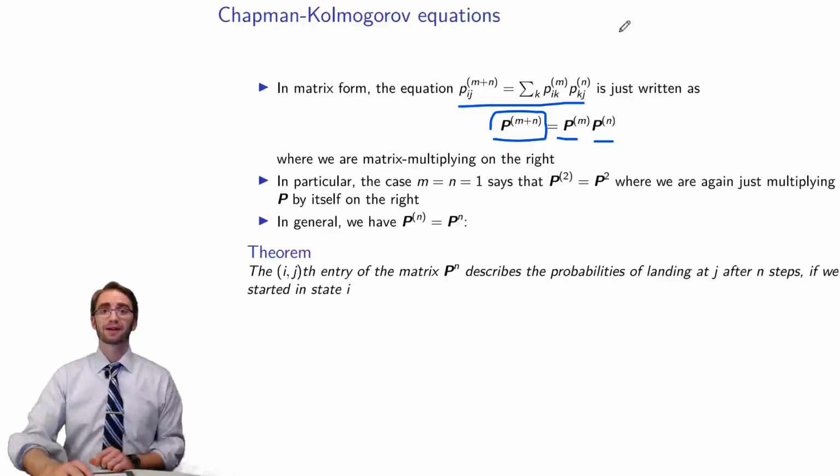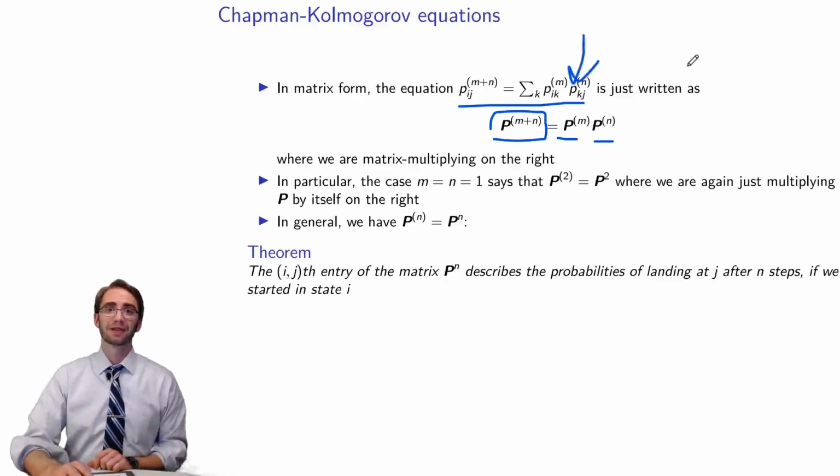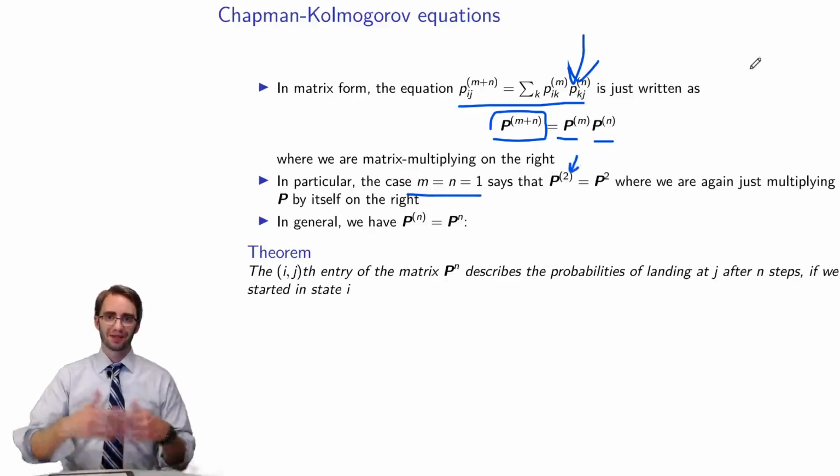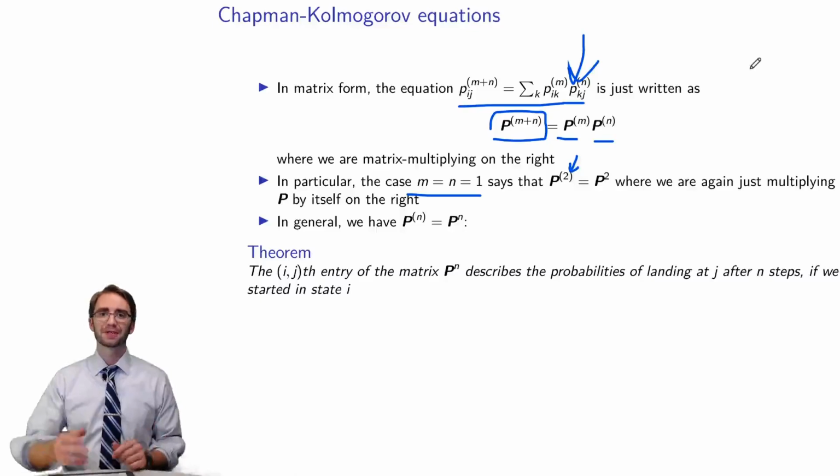It's a matrix product, just by the definition of matrix multiplication. And what this tells you is that if I take m and n both equal to 1, then the probabilities after 2 steps look like P squared.